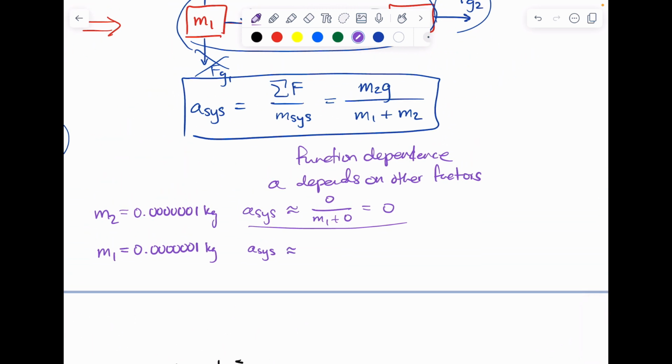We would get approximately m2 times g, whatever m2 is, and then we would essentially have 0 plus m2. Oh, that's interesting. So this is essentially m2 times g over m2, which cancel out, and you get g. Does that make sense?